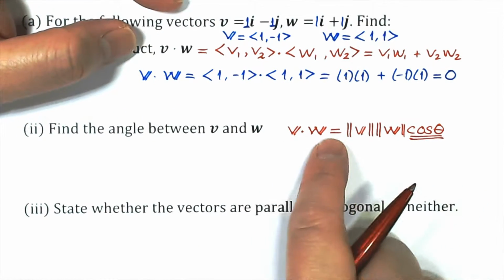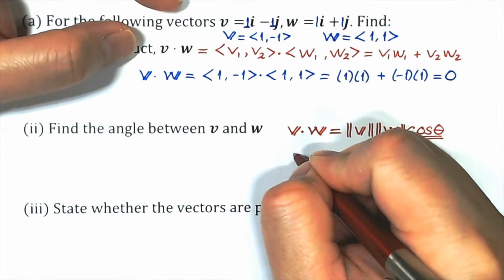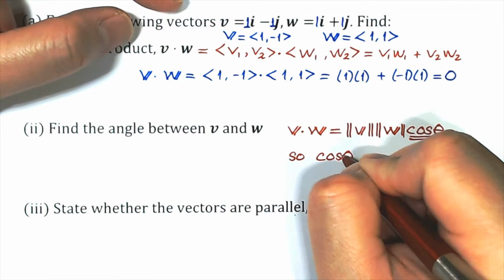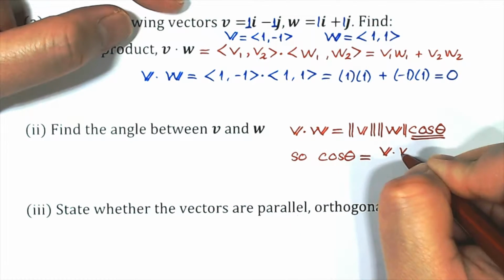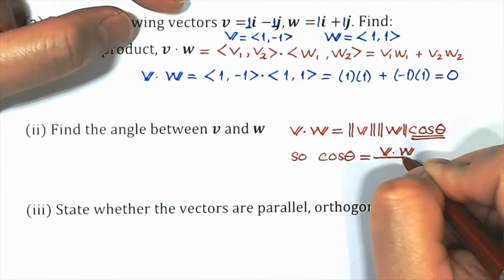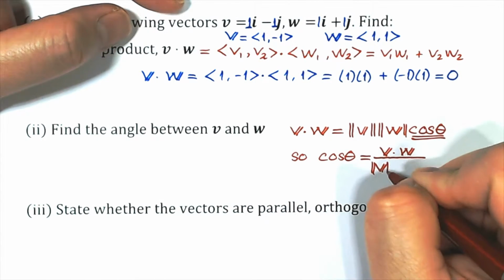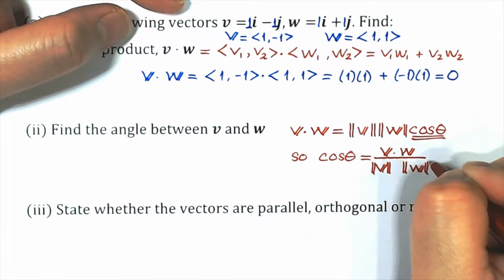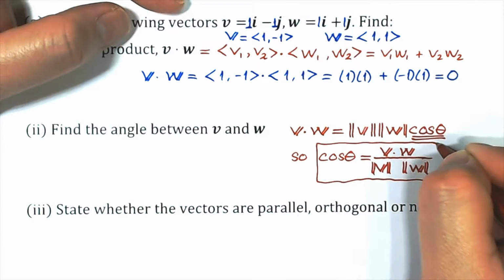So we will divide by the product of the magnitudes. So we have cosine of theta equal to the dot product divided by the product of the magnitudes, and that gives us the angle between two vectors.